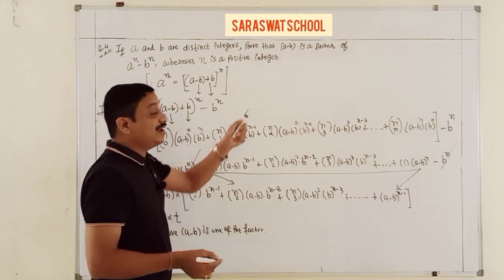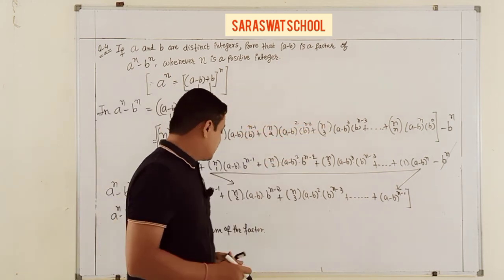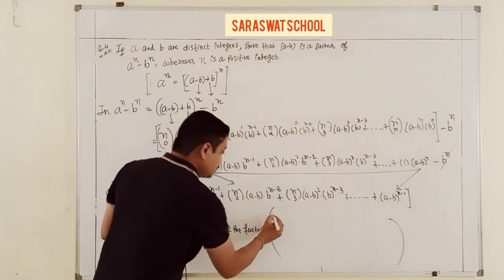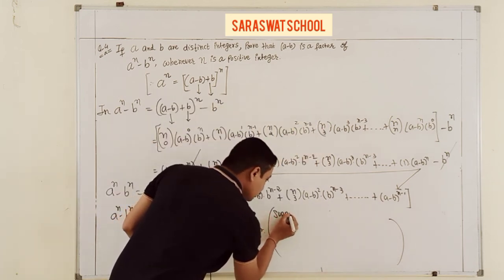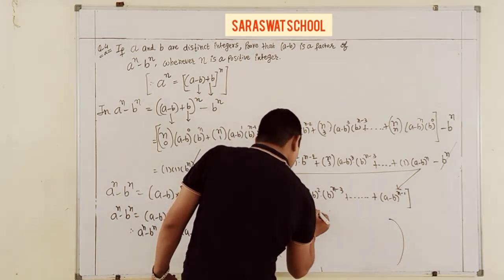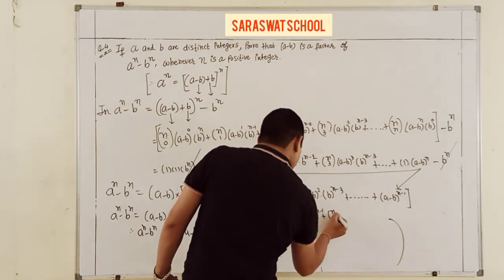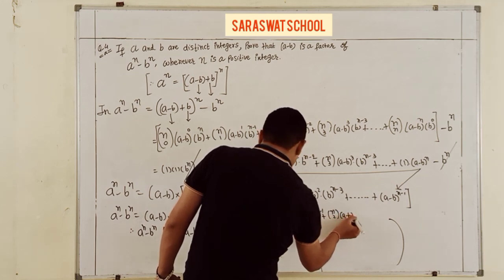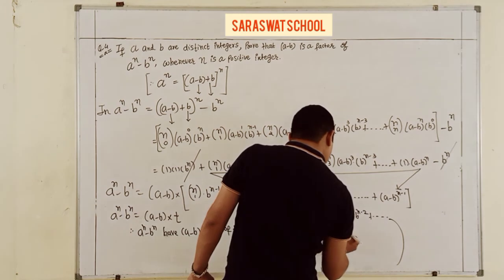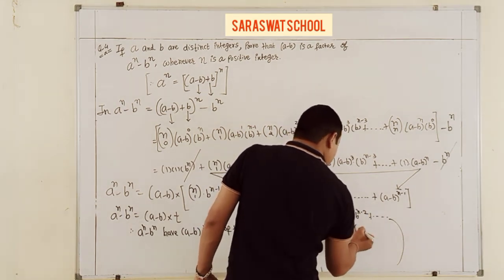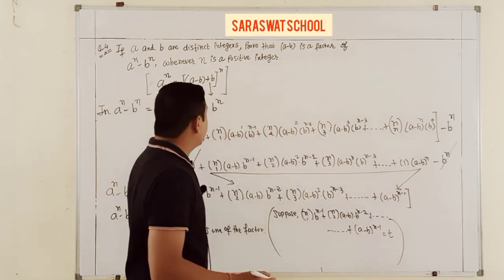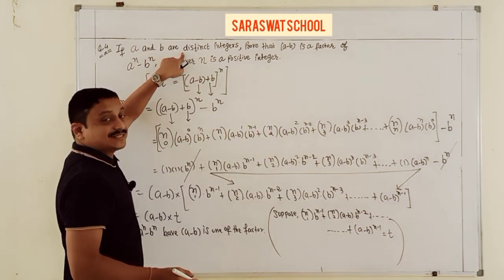And that's the proof. But the assumption part you must also write down. So you write down, suppose nC1 b raised to the power n minus 1, nC2 b raised to n minus 2, plus and so on, the last (a minus b) raised to n minus 1, is equal to t. And see, a and b are distinct integers.